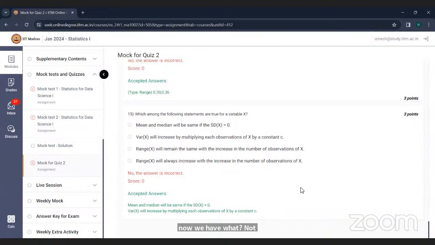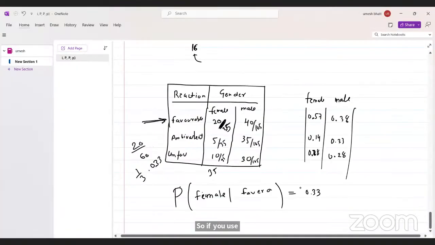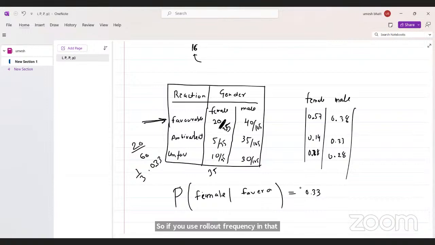Last question. You are not audible. Can you once again recall why we can't use row relative frequency? If we use row relative frequency, what will that tell? In row relative frequency, I divide by what?